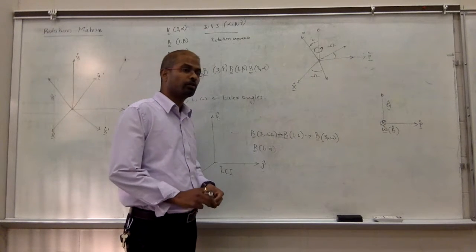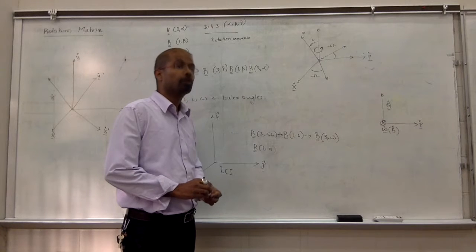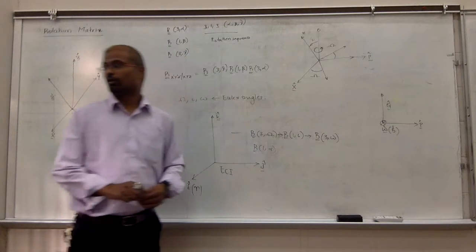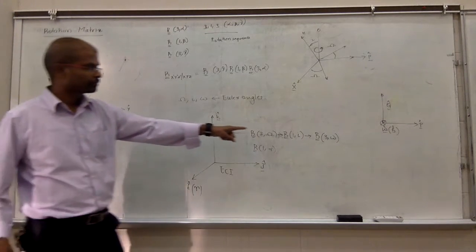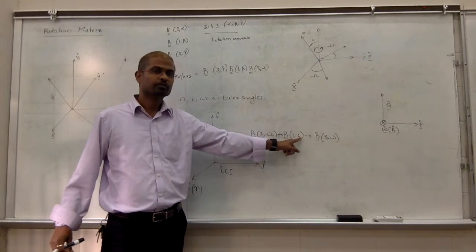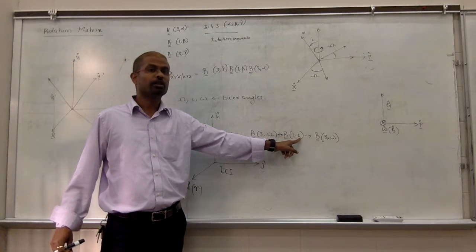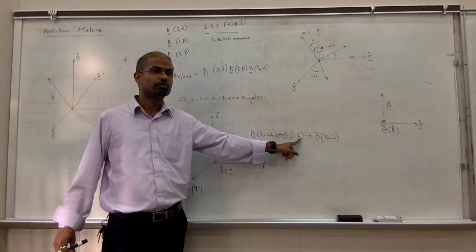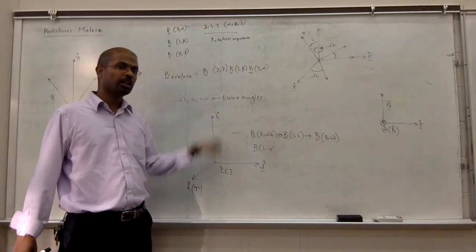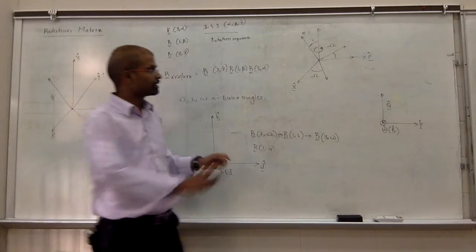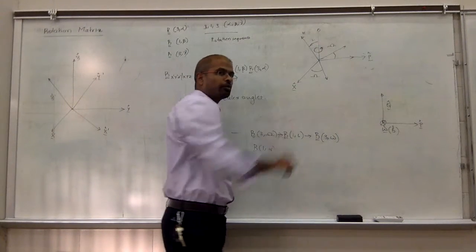If you're in an equatorial orbit, what is your I? Inclination will be 0, because this K and H will align. So this angle will be 0.